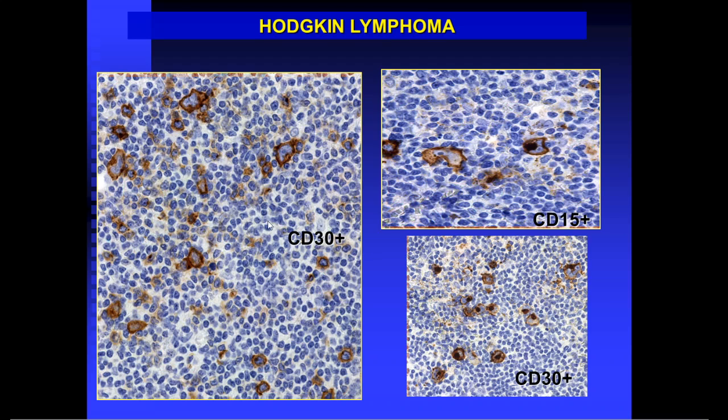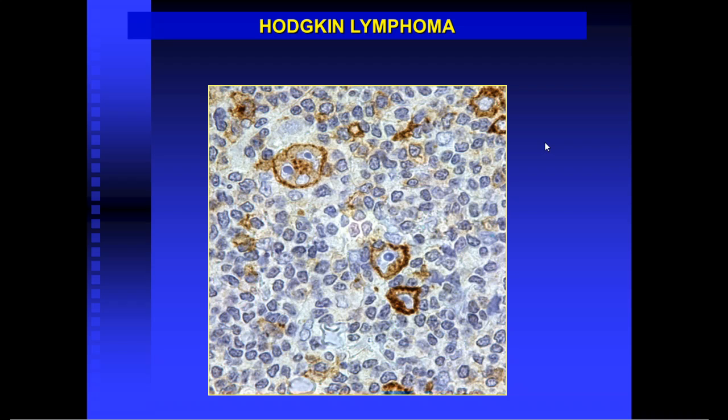So CD30 gives us the possibility to see exactly Reed-Sternberg cells. CD15 also gives us the possibility to see these cells. Again, classical membranous coloring and coloring of the endoplasmic reticulum.